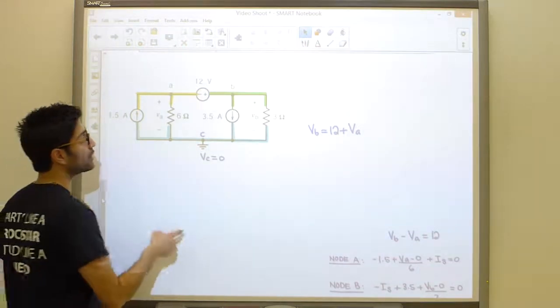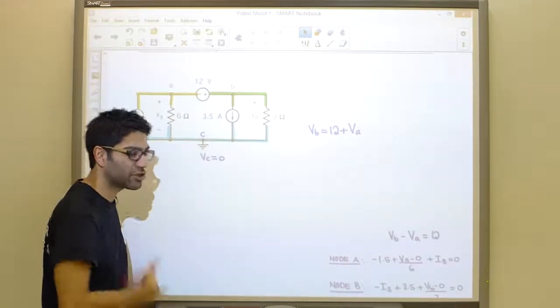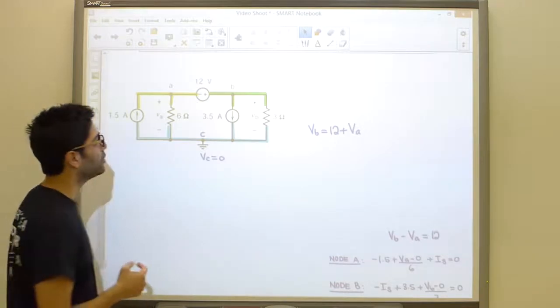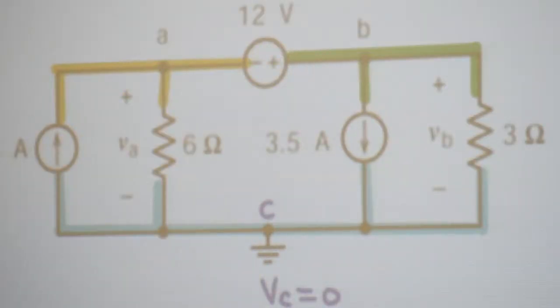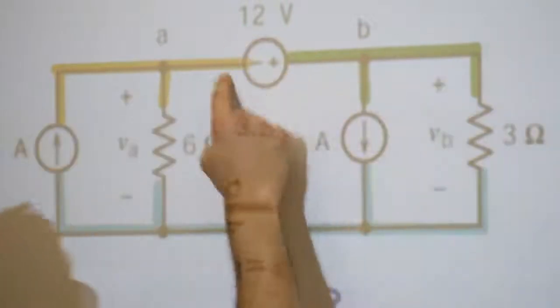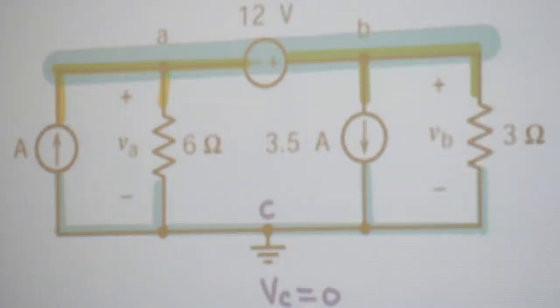In this particular case, this guy is causing a problem because it is creating an additional variable IS, as we saw. So what we're going to do is merge these two nodes together, thereby creating our supernode. We're simply going to pretend that this guy is not there, and all of this is one big node.